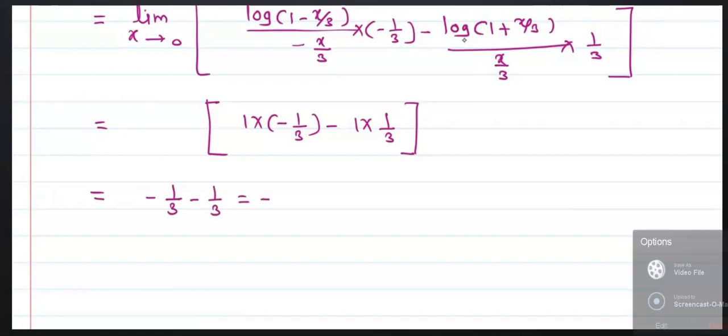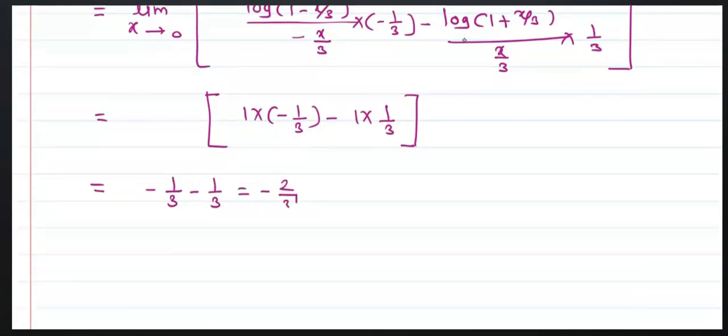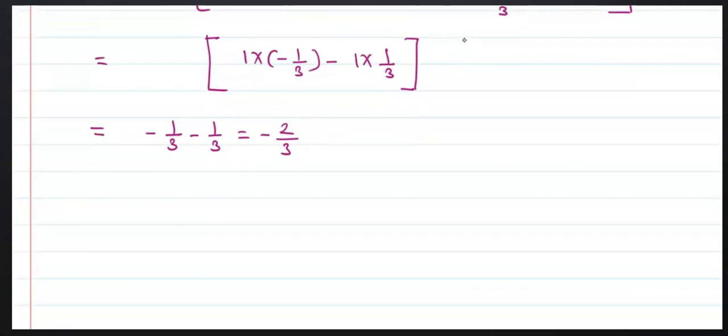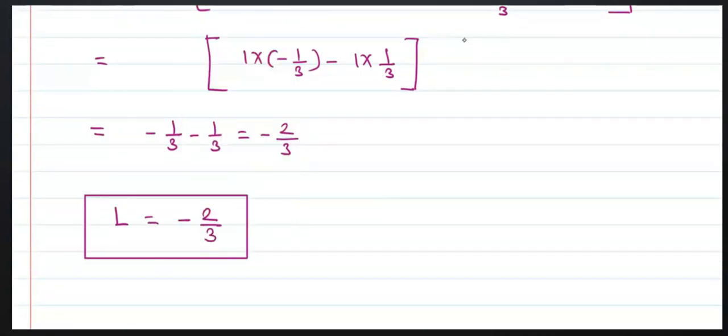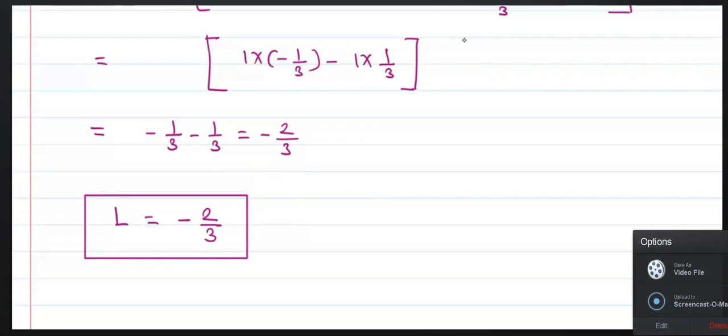That is minus 1 upon 3 minus 1 upon 3, which is minus 2 upon 3. Therefore, the limit L is equal to minus 2 upon 3.